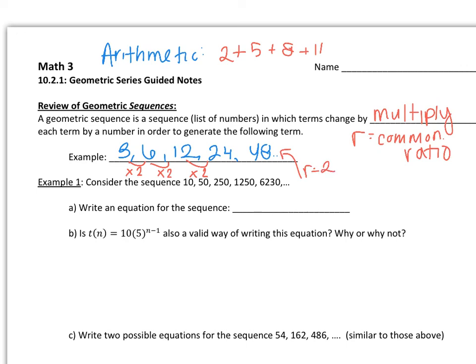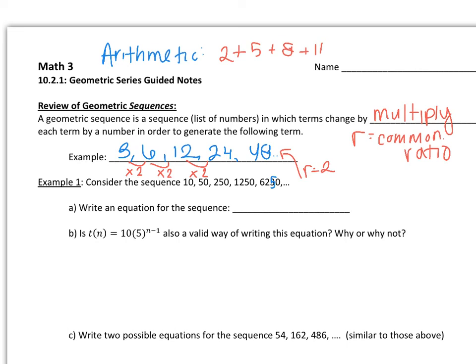So in this first example, we've got this sequence 10, 50, 250, 1250, 6250. That is a typo, so that should be a 5 right here. There we go. All right, so let's write an equation for this sequence. So we have to think back to how we wrote equations that followed a pattern of repeatedly multiplying.